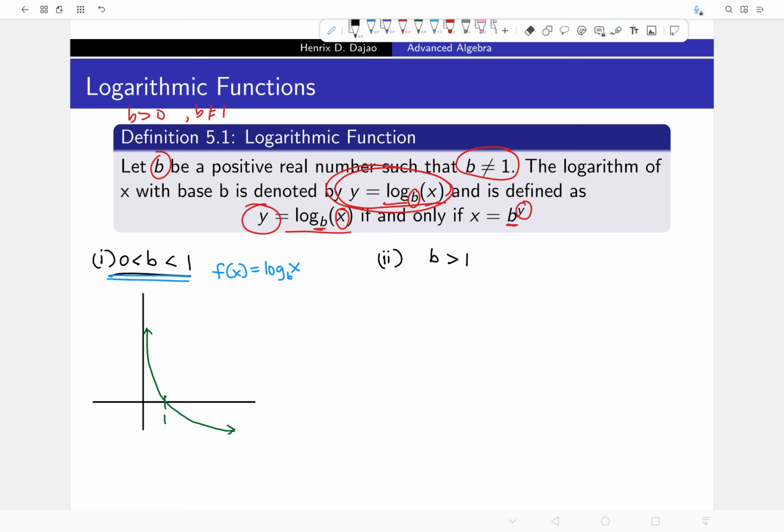Next, for the second case, if your b is greater than 1, the function f is defined by f of x equals log of x with base b, where b is greater than 1, so numbers like 1.25, 2, and so on. If that is your b, then the graph looks like this.